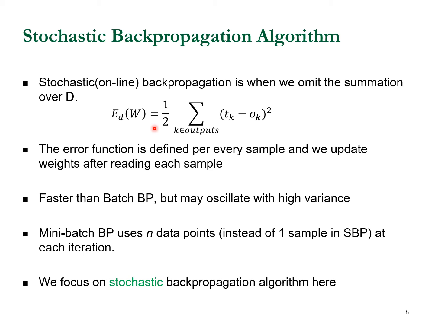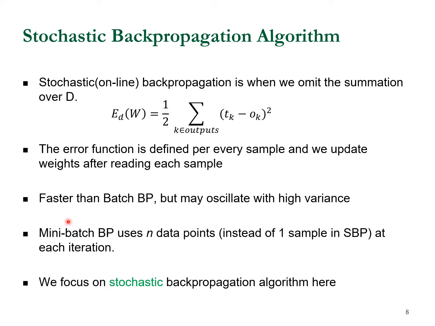Instead of going toward a certain goal, it just wanders around. That's what happens in stochastic backpropagation. So there are pros and cons. This algorithm is faster than the batch version, but sometimes it oscillates, and instead of going gradually toward the goal, it's just moving around. That's the problem of stochastic backpropagation.